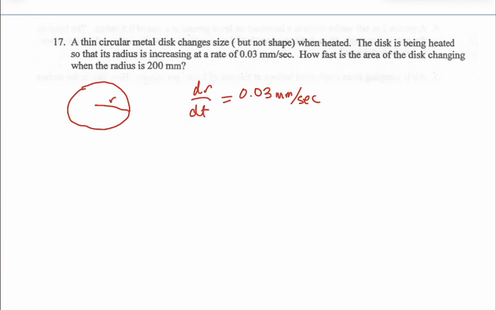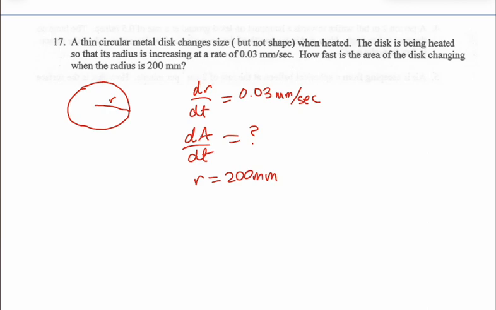Okay. Then the last sentence says, how fast is the area? Now I don't go any further. So I'll just say dA/dt. How fast is the area? That means that's what I'm looking for. When the radius is 200 millimeters.